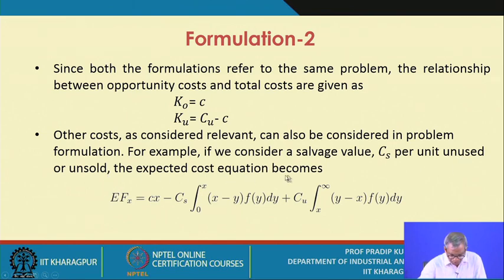The expected cost equation becomes E(F(x)) equals c x, minus Cs times the integral from 0 to x of (x minus y) f(y) dy. This is the overstock amount, in fact. The per unit overstock you sell at a reduced price, obviously, and that is basically called the salvage value. So this is the inflow of money, not the outflow of money. That's why it is a negative term. And this is your understock cost.